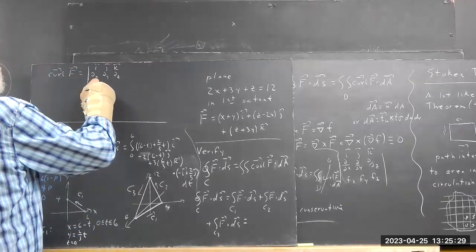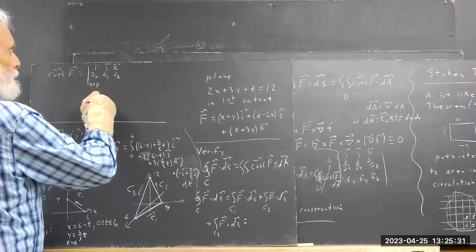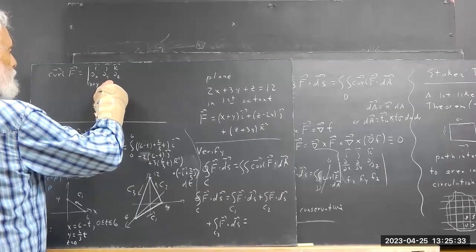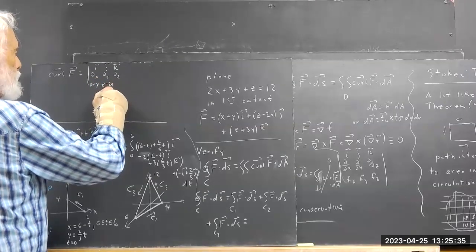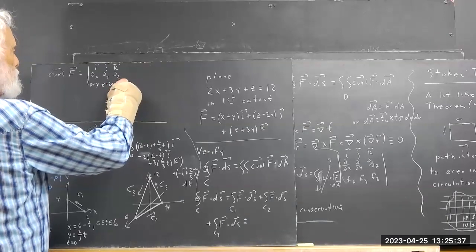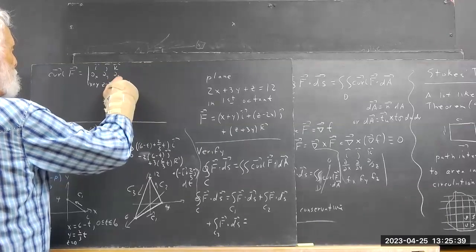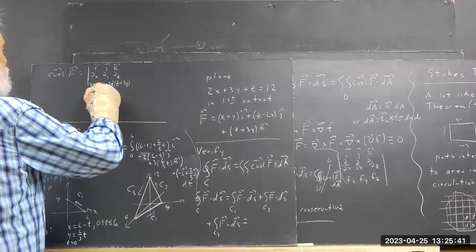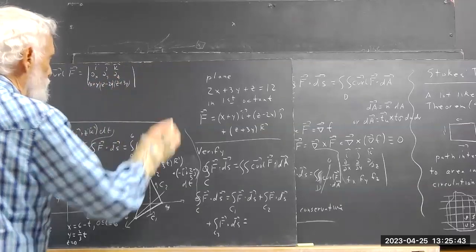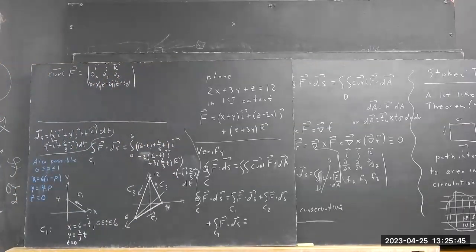I've got x plus y here, z minus 2x here, and z plus 3y here. It might be a little small, but you can write it out just as easily as I can, okay?